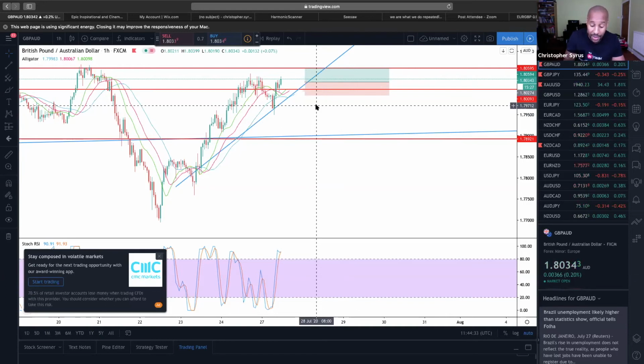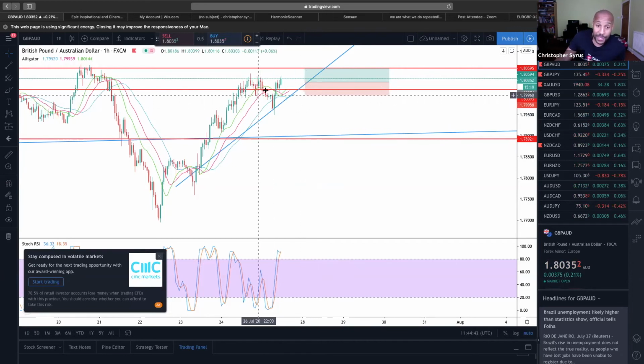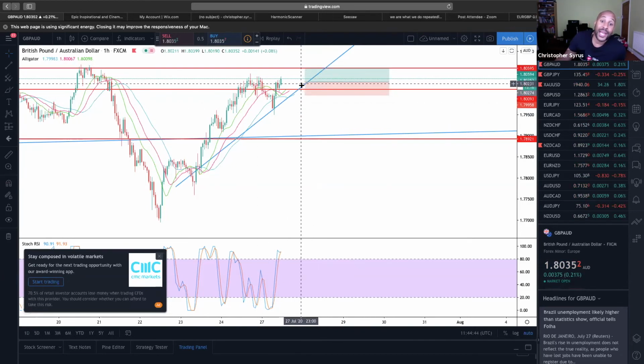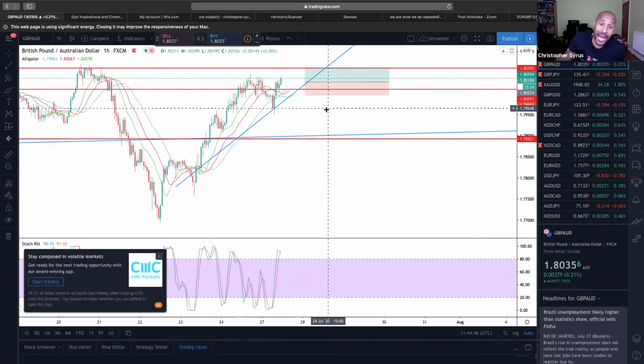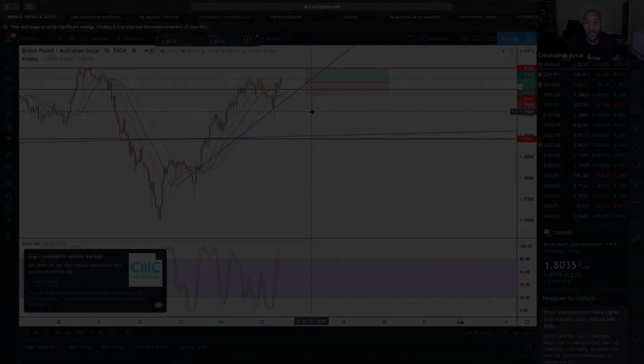And I press buy because I want it to go in that direction. I'm buying it and it's done. So we can look a little bit later on and see whether this trade hits its take profit or if it goes down here at a loss. So we will come back later and look at that. Let's get it. Let's go.